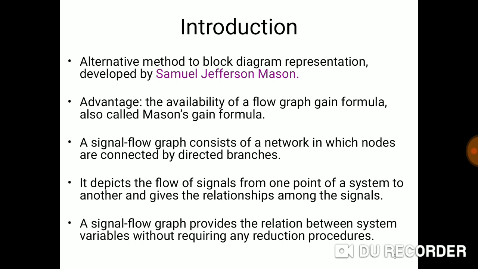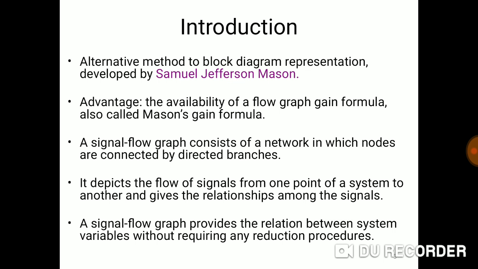As already discussed, in a block diagram the output of the first block is given as the input to the second. In the same way, the signal flow graph consists of a number of nodes connected by directed branches. A signal flow graph provides the relation between system variables without requiring any reduction procedure.